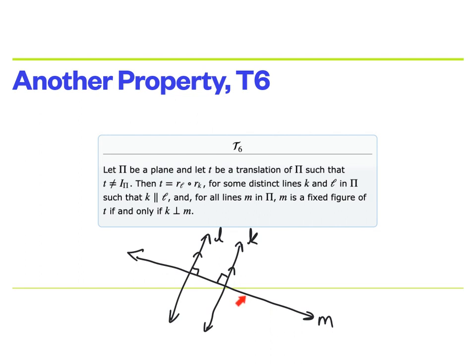If I take any point on this line and reflect it, it will still be on my line M because it's perpendicular to K. And then if I reflect it over L, it'll still be on M because L is perpendicular to M. So all these points are going to slide over, but they still will be on line M, and therefore there will be no fixed points, but M will be a fixed figure because when I'm done shifting it, all the points are still on M.